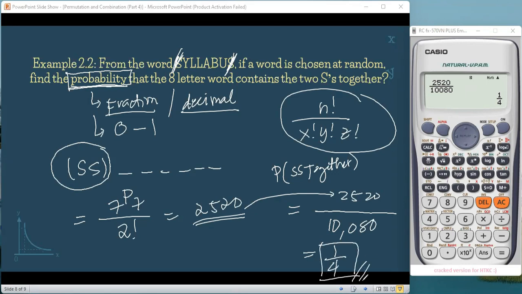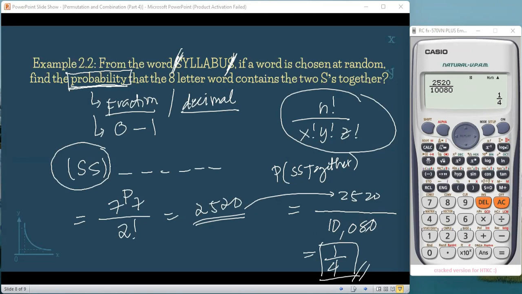So I get po, my dear students, in probability po kasi, this is the number of favorable outcomes all over the total outcomes. So kung makikita niyo po, yung total outcomes po na pwedeng makabuo ng 8-letter word sa syllabus is 10,080. Pero ilan po yung favorable?